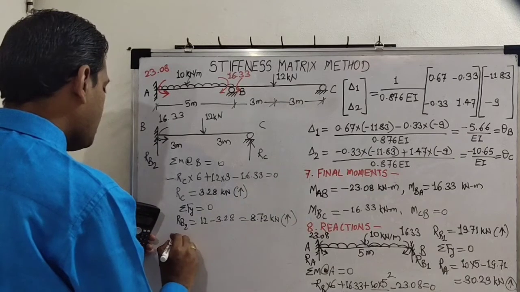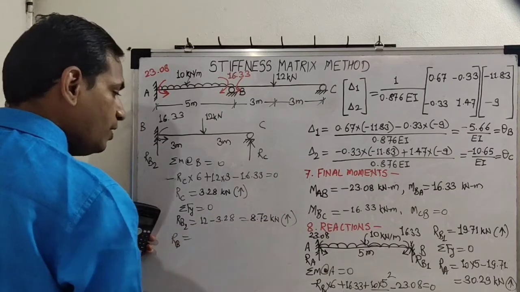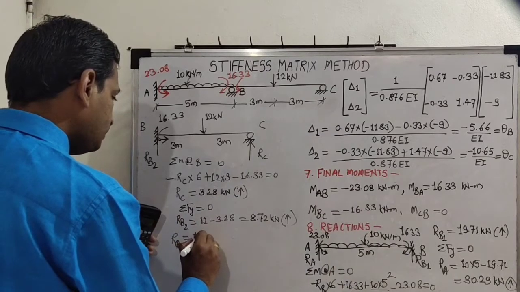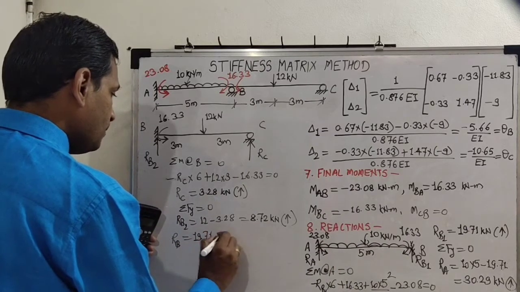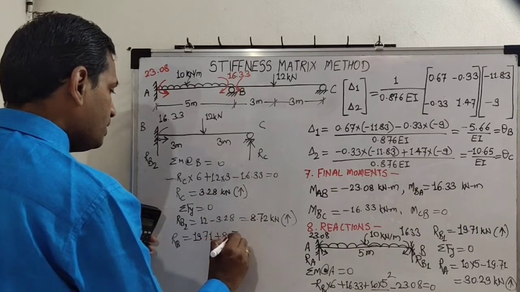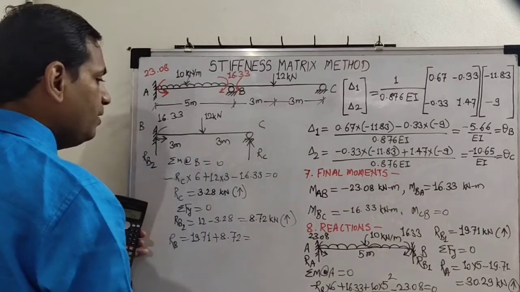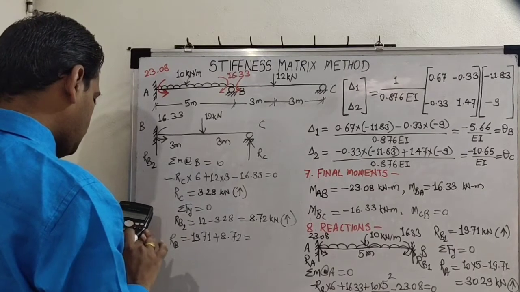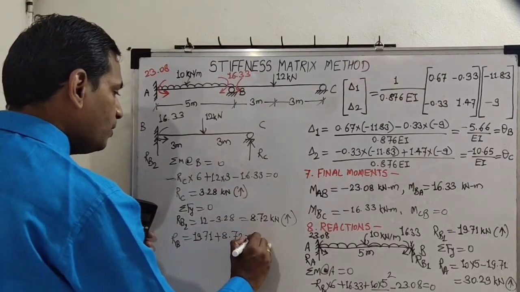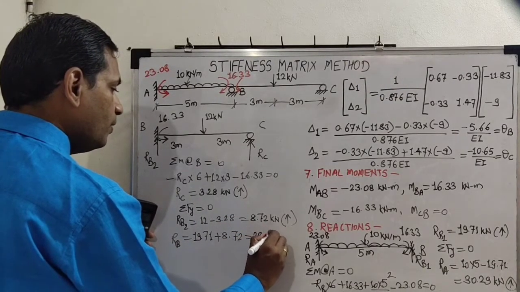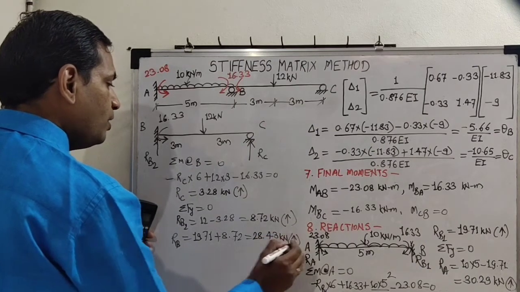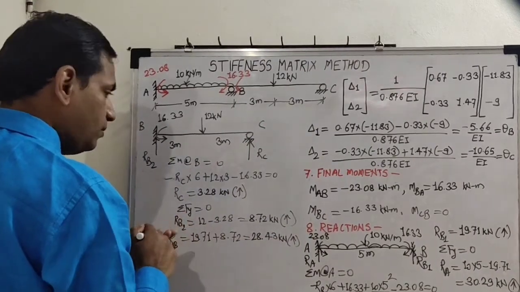So what will be net RB? RB1 plus RB2. What is RB1? 19.71 plus RB2 is 8.72. Let us find this value. So it is 28.43 kilonewton. Okay, so let us show first of all these reactions now.